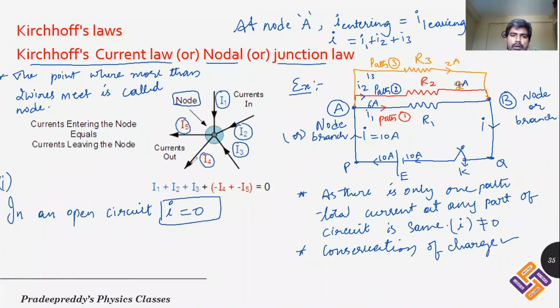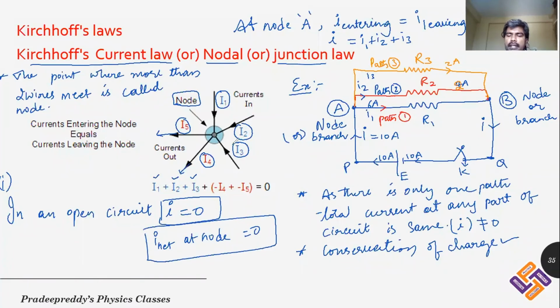See, the arrow mark is outward, so those currents are out. Therefore, current entering is I1 plus I2 plus I3. Current leaving is I4 and I5. Leaving current you can take as negative, so it is minus I4 minus I5. That should be equal to 0. That means net current at a node is equal to 0.